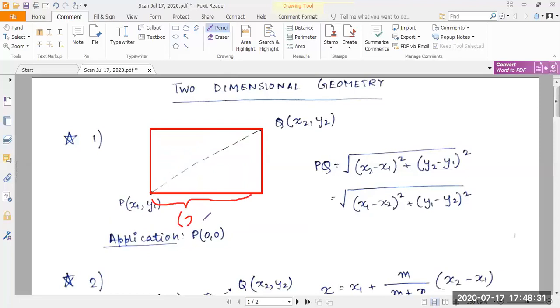So we have this side of the rectangle to be x2 minus x1. Again, we know this distance from the origin is y2 and this distance from the origin is y1. So this distance would be y2 minus y1. So we essentially have the two sides of our rectangle.